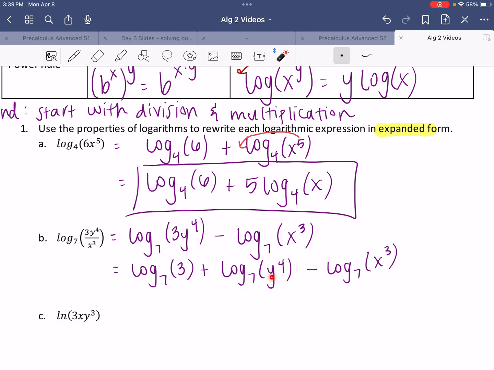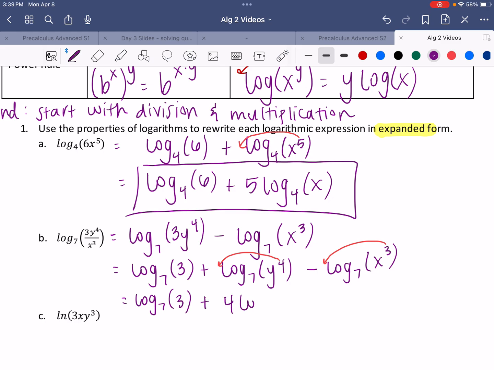So I can read this in expanded form and see, oh, these two were multiplying and they were being divided by this final term. And now I can take my exponents and rewrite them multiplying by the log instead. So I have first one staying the same, log base 7 of 3 plus 4 times the log base 7 of y minus 3 times log base 7 of x. And that's it.